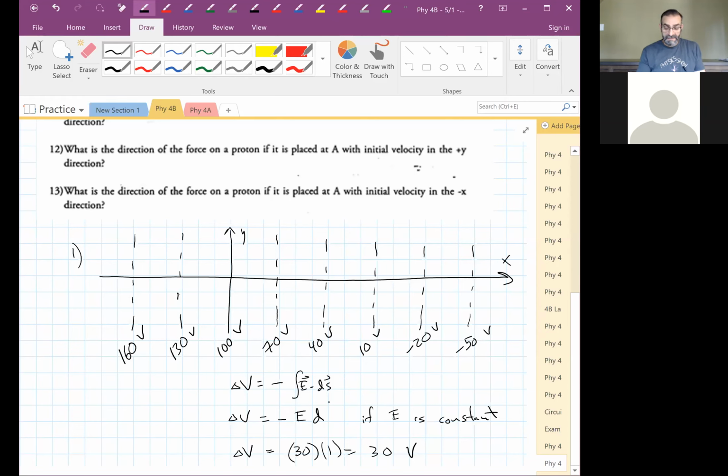But we have to know where to start, right? All we know are differences. So we look and see in the problem, it says at the origin, it's 100 volts. So now we know when we go in the direction of the electric field, we have to be going to lower electric potential, lower voltage. So we subtract as we go to the right, which is in the direction of the electric field. We add when we go opposite the direction of the electric field.